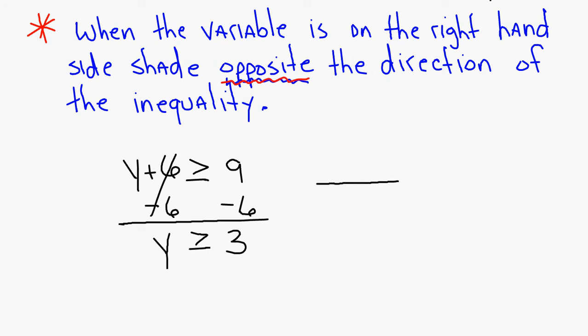Number line. 0 goes on the number line, and 3 goes on the number line. Since the inequality is or equal to, then this is closed. It includes the 3.